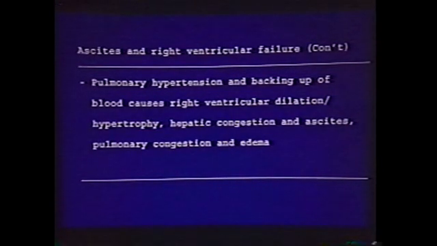That is why there will be backup of blood into the right ventricle, which leads to right ventricular dilation, hypertrophy, and eventually there will be backup of blood in the left heart side and left side of the body, meaning in the liver, in the intestine, abdominal viscera, and fluid starts to escape from the blood vessels in the abdomen, causing this condition of ascites.